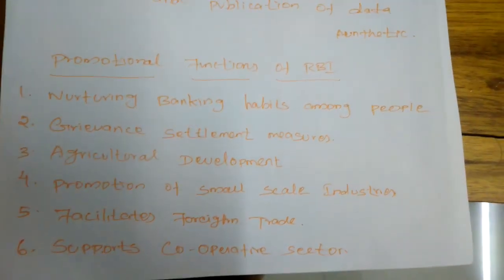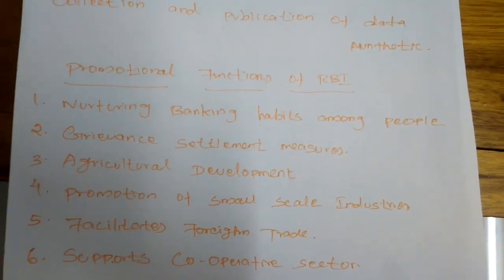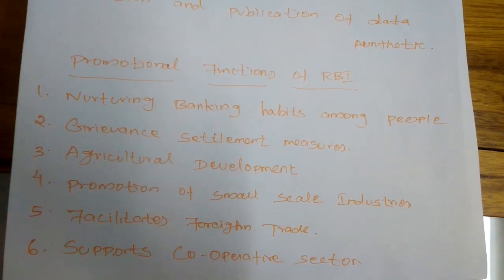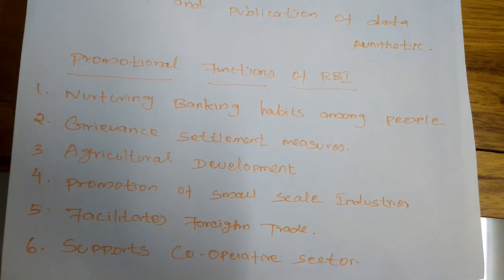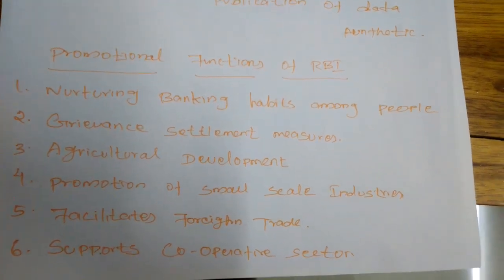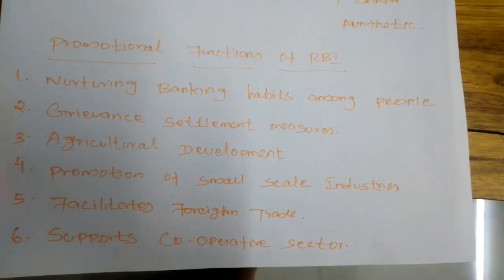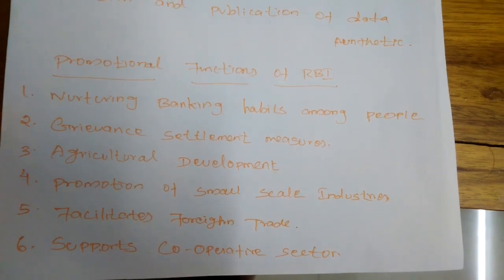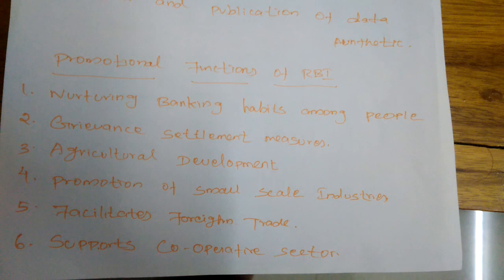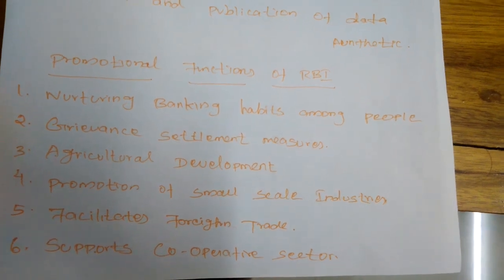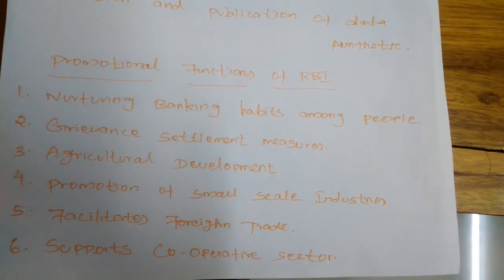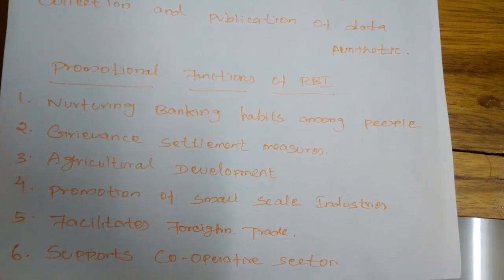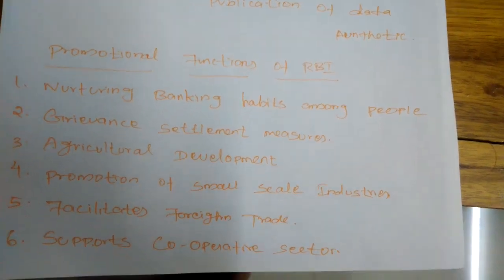When they approach the ombudsman, the complaints will be settled and satisfaction may be provided. This ombudsman service is provided by the Reserve Bank of India. After the ombudsman service was provided, complaints among customers were greatly reduced.